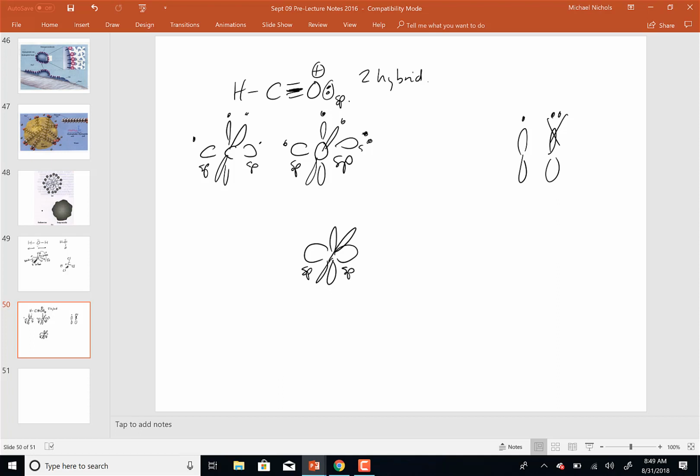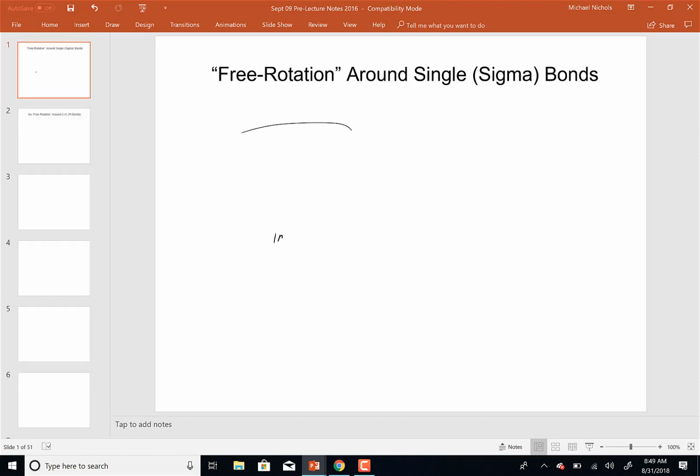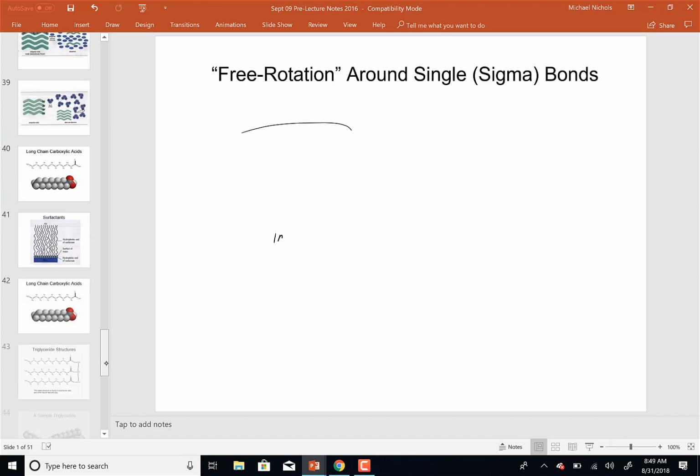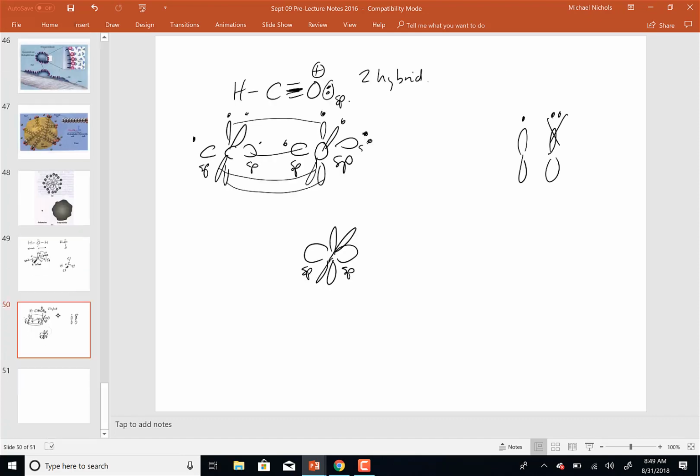And when I form the carbon-oxygen bond, I'm going to pair these guys up. I'm going to pair the p orbitals that are parallel, the other p orbitals that are parallel. And then my H, my spherical H over here on the other sp.